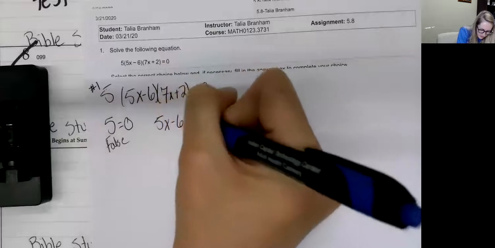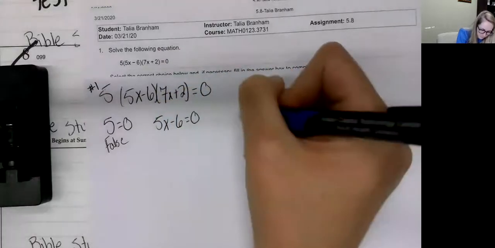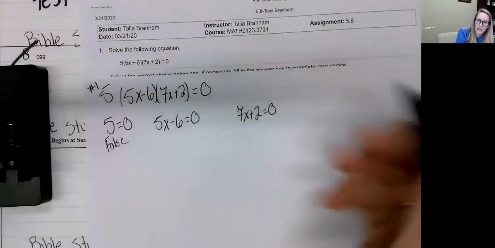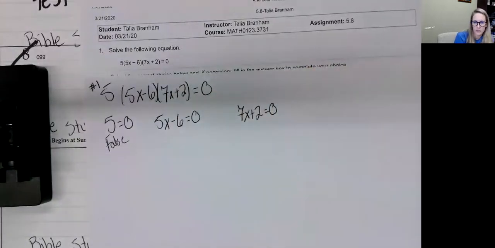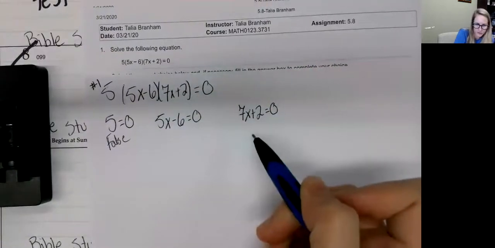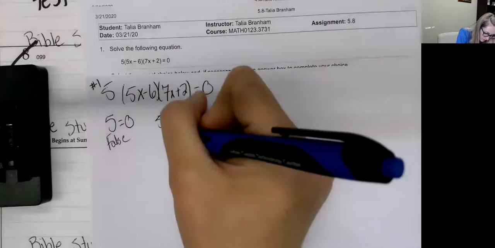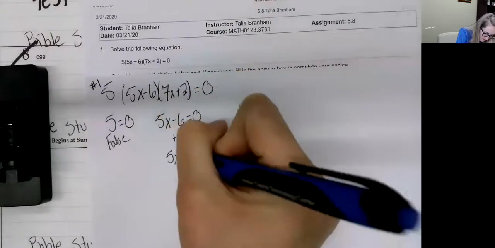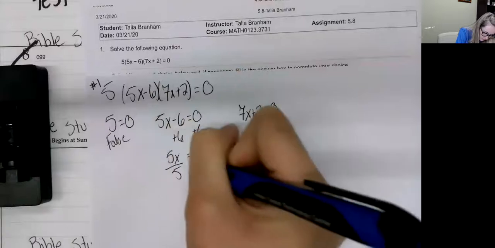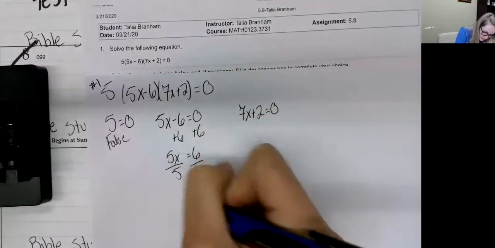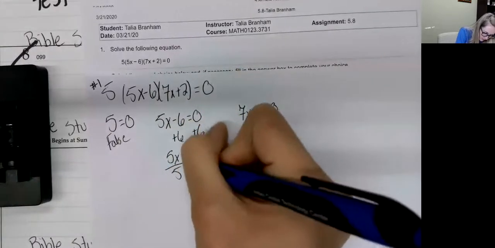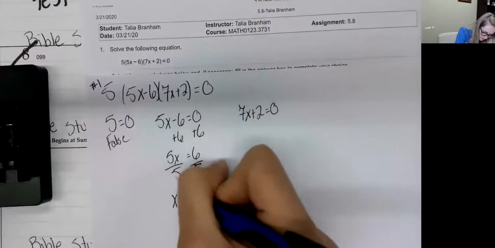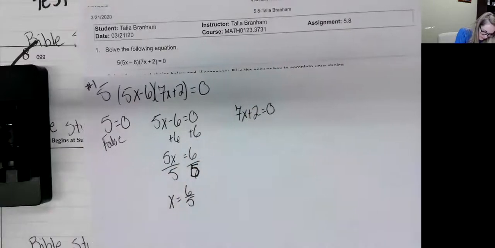5x subtract 6 equals 0 here, and then 7x plus 2 equals 0. And then we're going to go ahead and solve each of these two for x. So add 6, we have 5x equals 6, divide by 5. 6 doesn't divide by 5, so x equals 6/5.